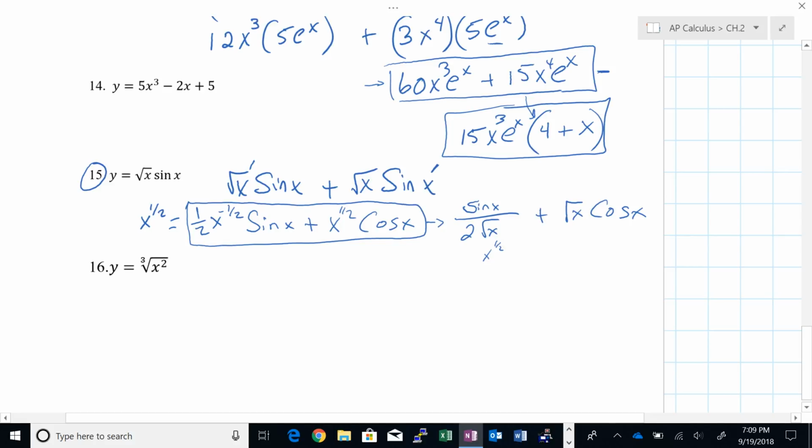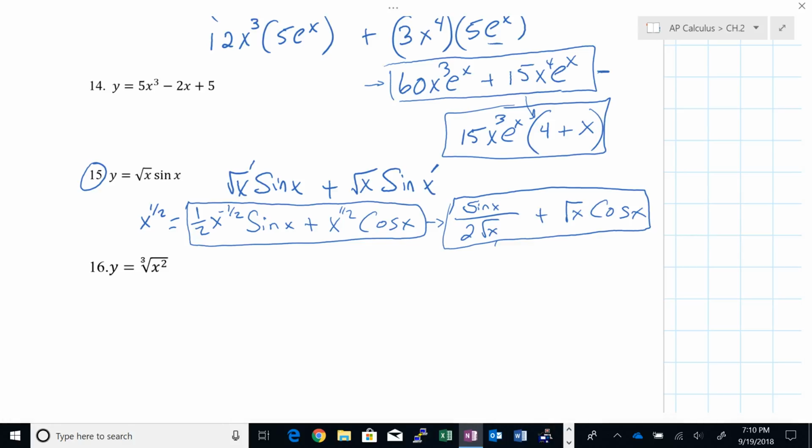Either one's fine, but traditionally we can leave it like this, and I'm perfectly fine with that. So whoever wanted number 15, you're writing in Chinese there. That would be the answer to 15 right here.